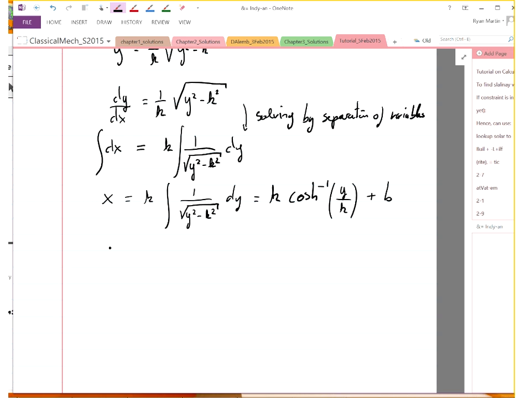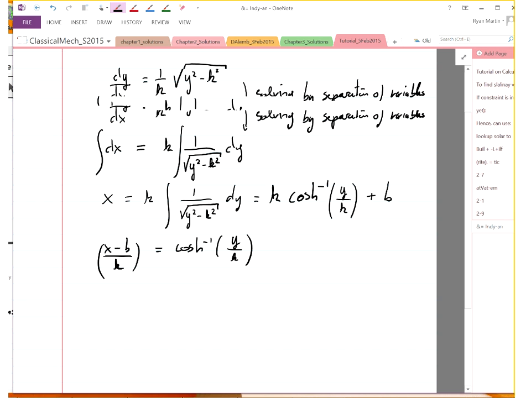Okay, so now you can actually rearrange this a little bit, so I can have x minus b over k. That'll be inverse cosh of y over k. So you'll note the inconvenient thing is that we want y of x, and we found x of y in the line above, right?